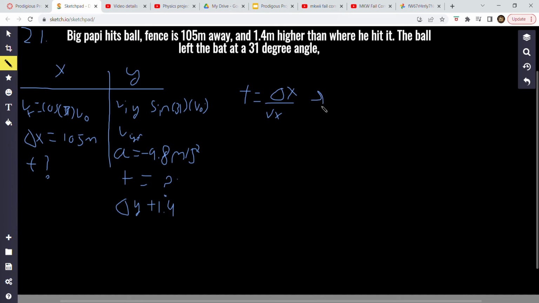When we plug that in, time is equal to 105 over the cosine of 31 times V naught.